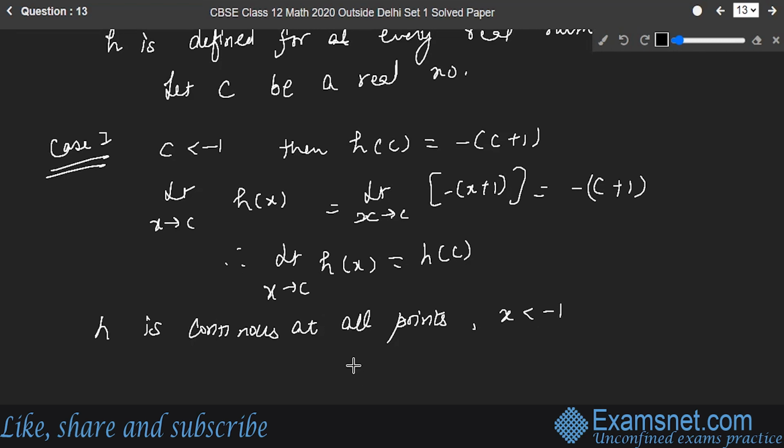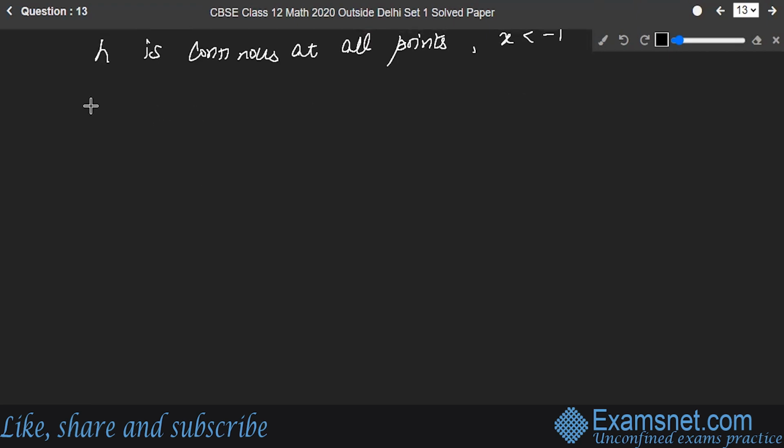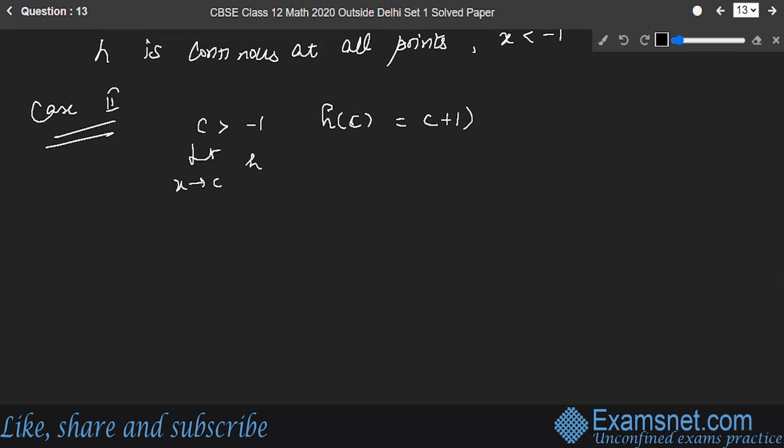Right? Now, second case. If C is greater than minus 1, then h of C is equal to C plus 1, and the limit as x approaches C of h(x) is equal to the limit as x approaches C of x plus 1, which is nothing but C plus 1.